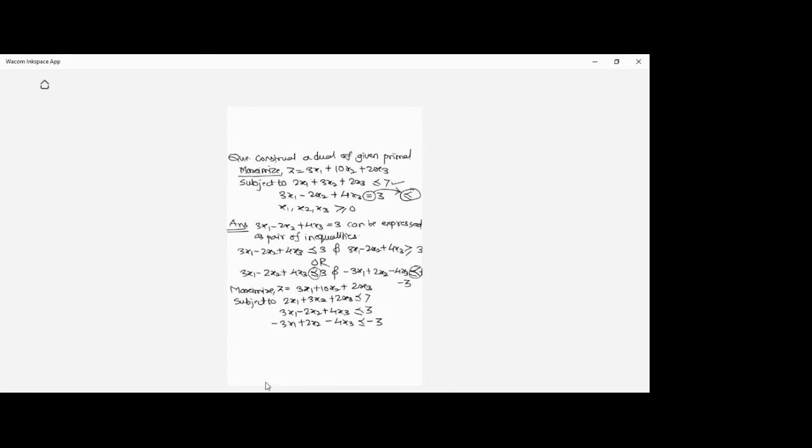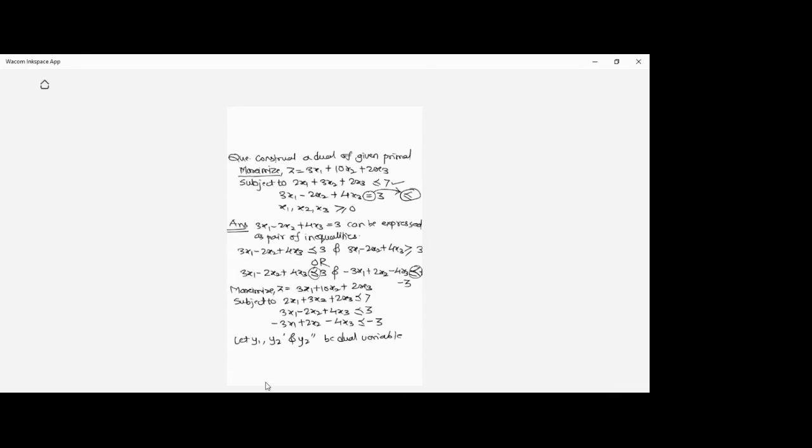But it is not as simple as it seems. Here, while considering the dual variables, let y1, y2 dash and y2 double dash be the dual variables.